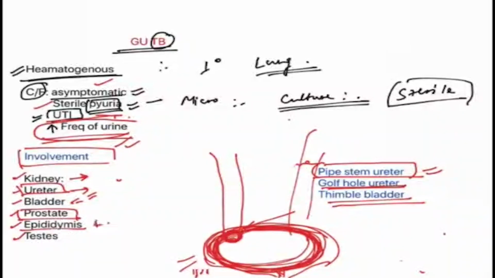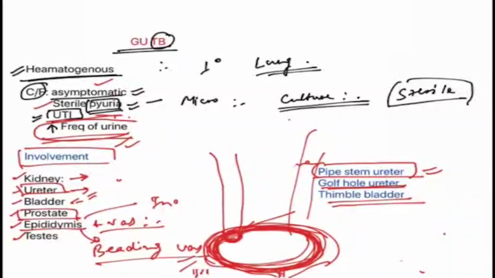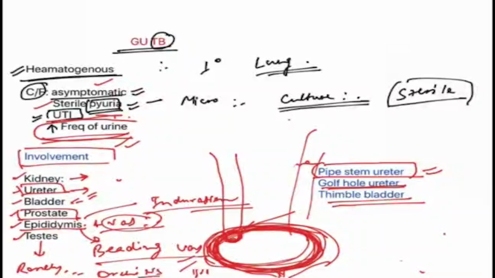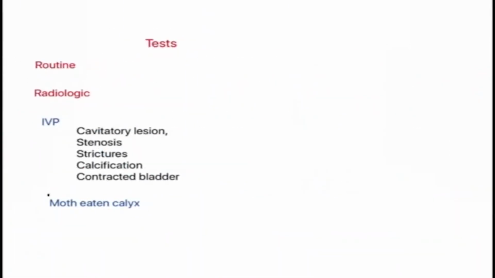Prostate is also involved sometimes, and the epididymis and vas can also get involved. In TB of epididymis and vas deferens, there is beading of epididymis, beading of vas and epididymal induration. Testes are very rarely involved, but when they are involved, orchitis may be present.